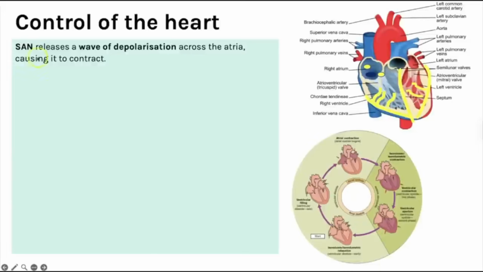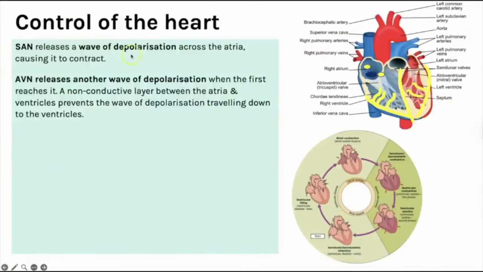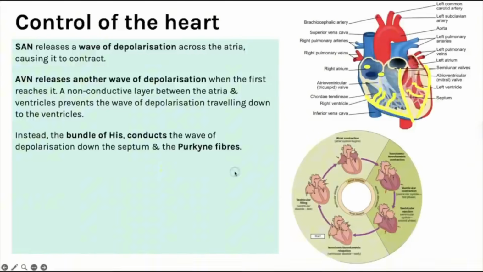So the order that this happens then, the SAN releases a wave of depolarization, which means electricity, across the atria. The AVN will then release another wave of depolarization when that first wave of depolarization reaches it. However, there is a layer of non-conductive tissue between the atria and the ventricles, and this prevents that wave of depolarization travelling straight down through the cardiac muscle in the ventricles.